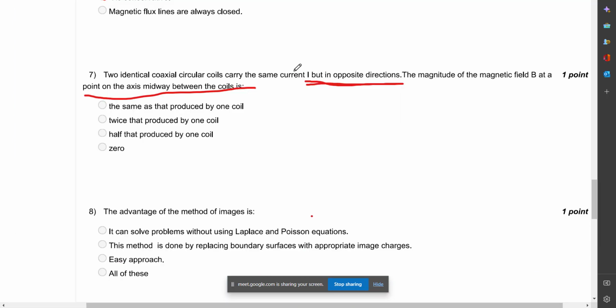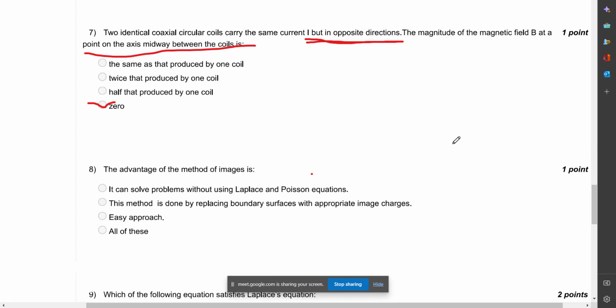If it had the same current and in the same direction, then what would have happened? It would have been twice, but right now since it is in the opposite direction, they will cancel each other and the answer will be 0. Okay, very good.